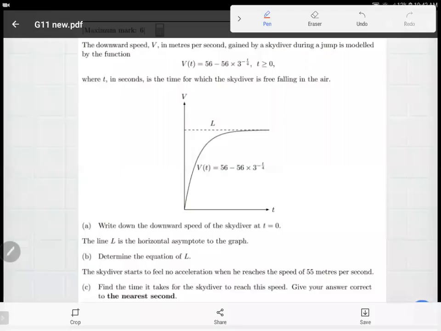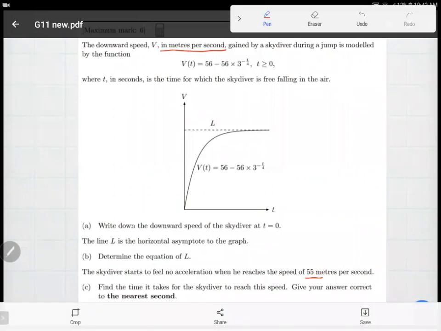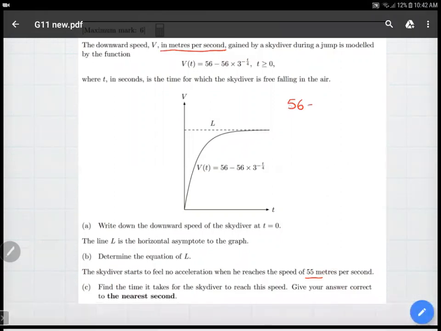Let's start part C. In this part, we know the speed. It is 55 meters per second. So we need to turn back to the beginning of the question and check units in the general form of the equation. It is the same unit, so we don't need to convert anything. Okay, so the general form of the equation is 56 minus 56 times 3 power negative t over 4 is equal to v of t.